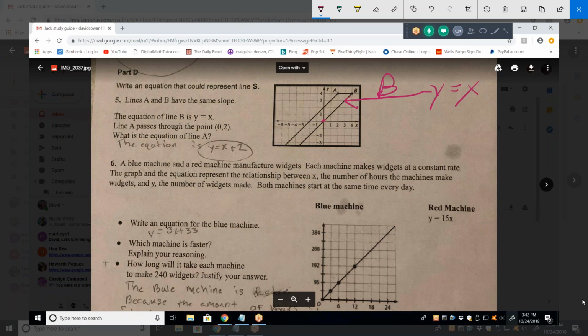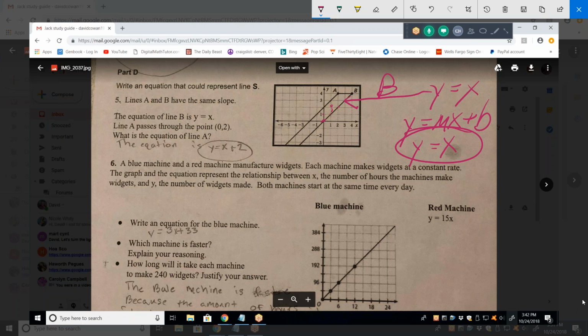And m is 1. The slope is 1. I go up 1 unit and to the right 1 unit. So it really is in this form, y equals mx plus b, it's just that m is 1 and b is 0. So you end up with that equation.